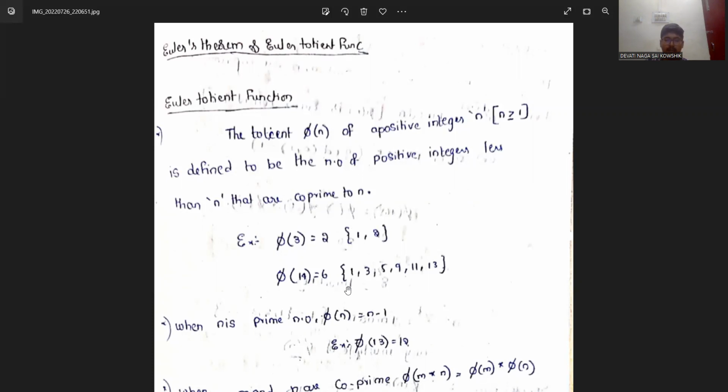For example, when you take phi of 14, the answer is 6. Because when you take the numbers from 1 to 13, all below 14, we should check whether they are co-prime to 14 or not.